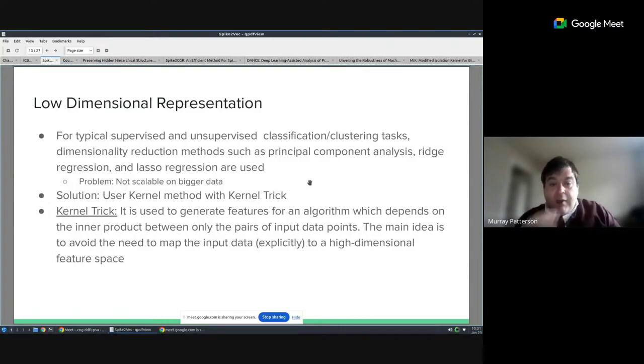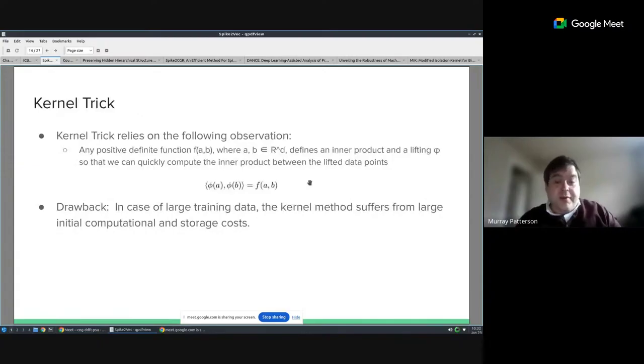We tried a few dimensionality reduction techniques, I think ridge regression, but the big one was the random Fourier features method. One way to speed up computations is this: a lot of these methods, like support vector machine or even k-means, cluster based on pairwise comparisons.